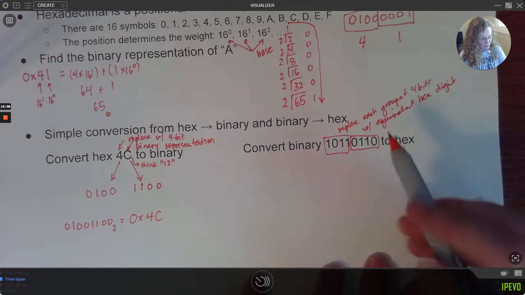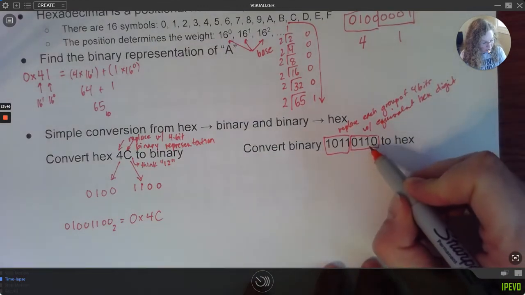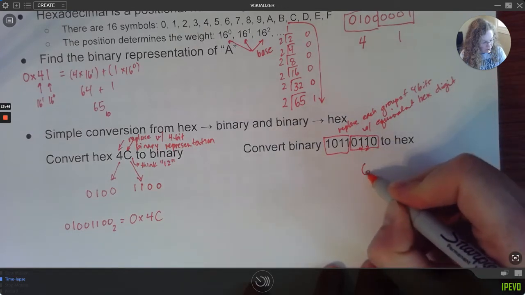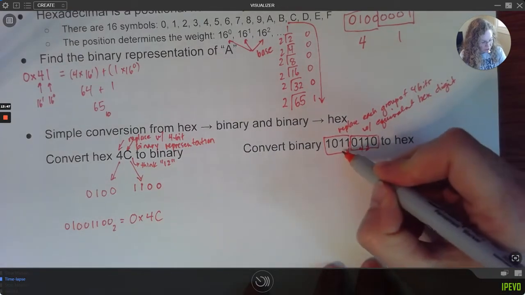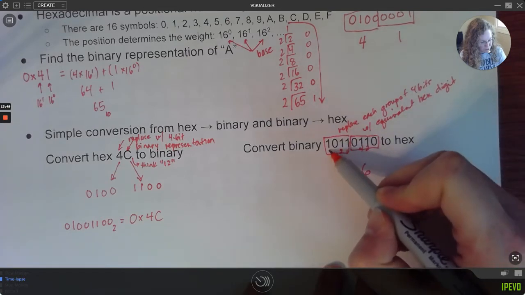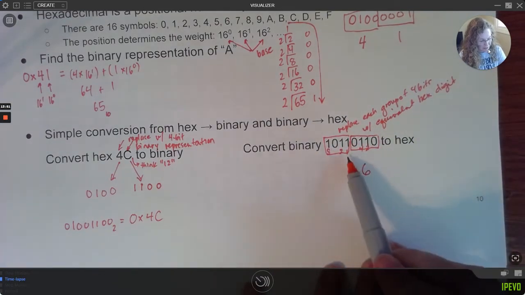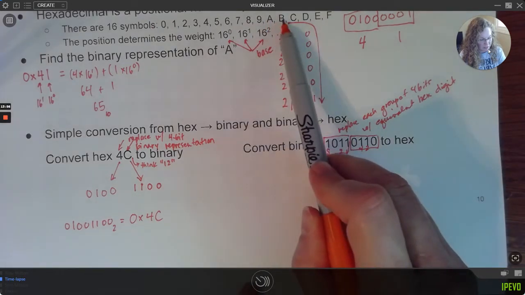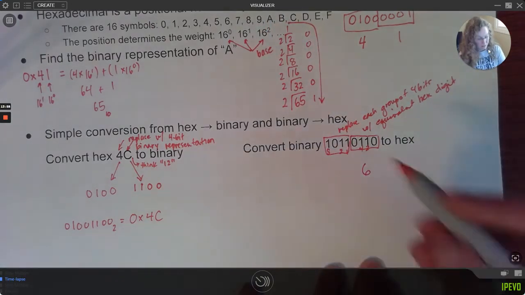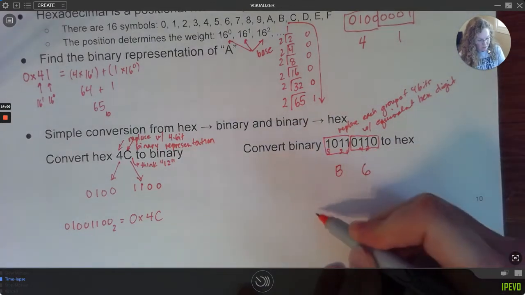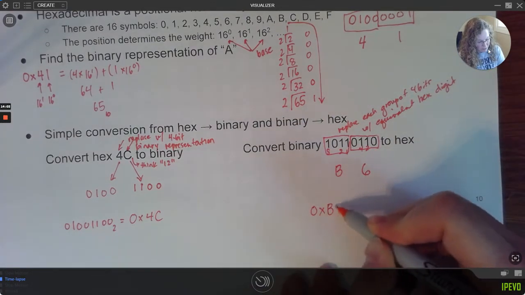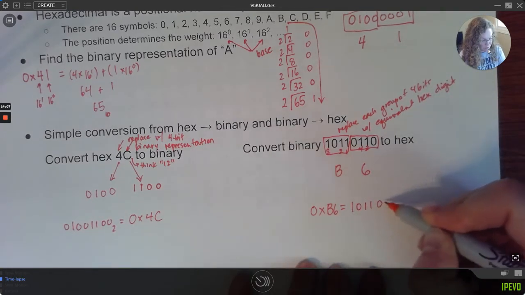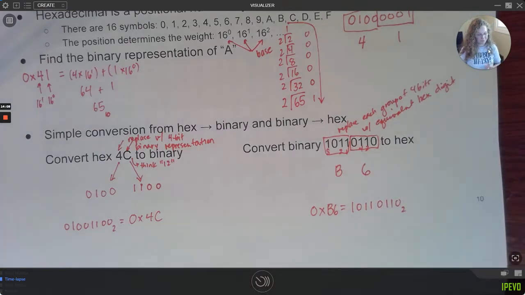Okay, and so if we look at this one, this is the 1's place, the 2's place, the 4's place. This is the number 6. This is the 1's place, the 2's place, no 4's, but we do have an 8. That's 11. So 11, let's go 9, 10, 11 is B. And so the hex value B6 is the same thing as 1, 0, 1, 1, 0, 1, 1, 0 in binary.